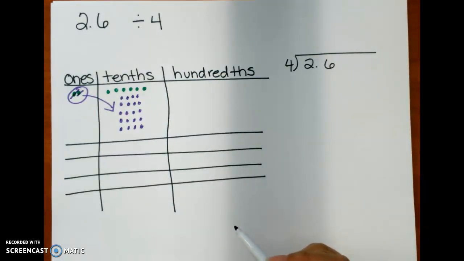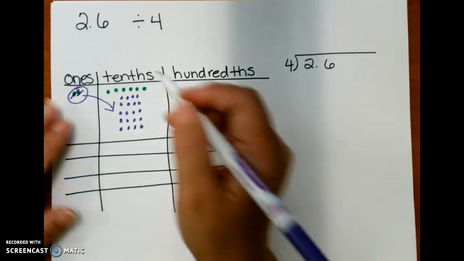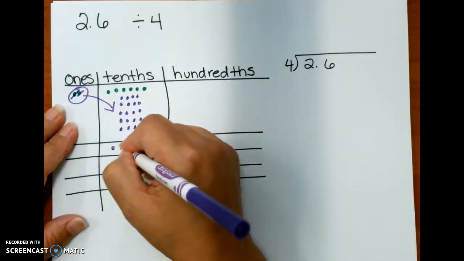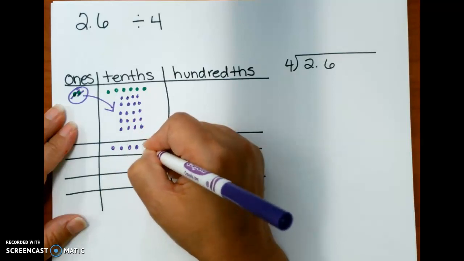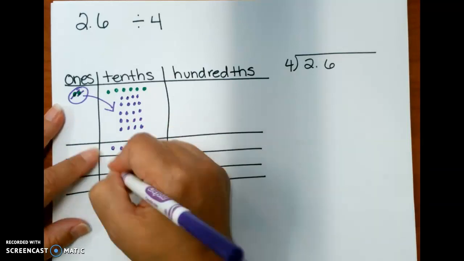My 26 tenths are going to be divided into 4 groups. 26 divided by 4 gives me 6 in a group. So go ahead and draw your 6 in each group.